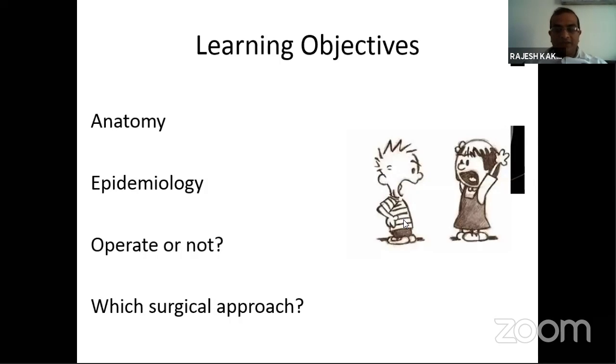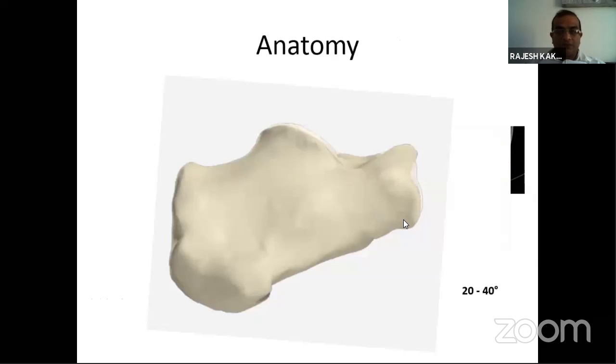So during this session, we would like to know a bit more about the anatomy of the calcaneum, the epidemiology of calcaneal fractures, and decision-making on when to operate and when not to operate. And if you're going to operate, then which surgical approach and which surgical technique are you going to use?